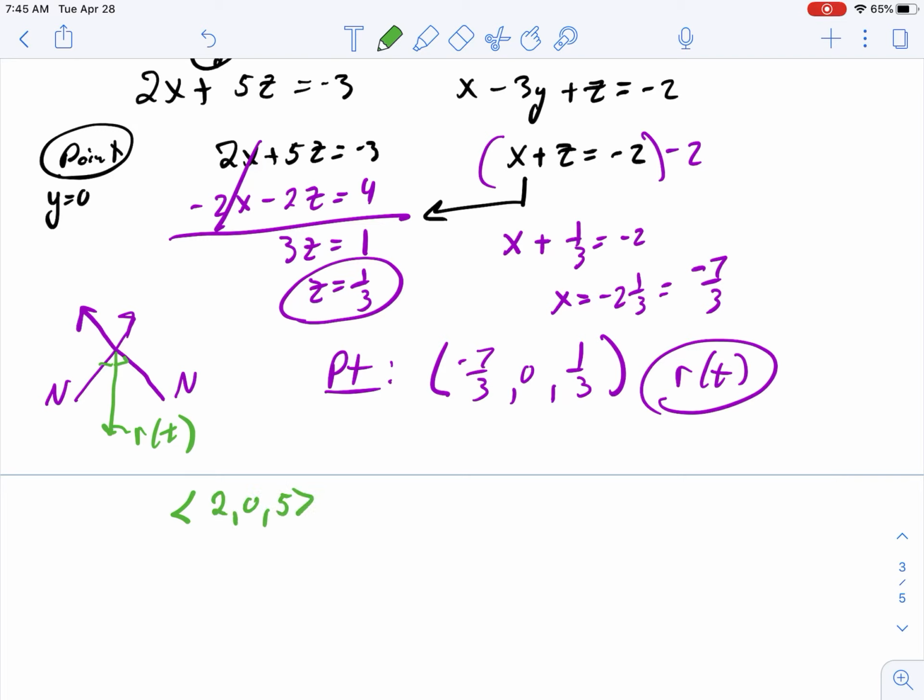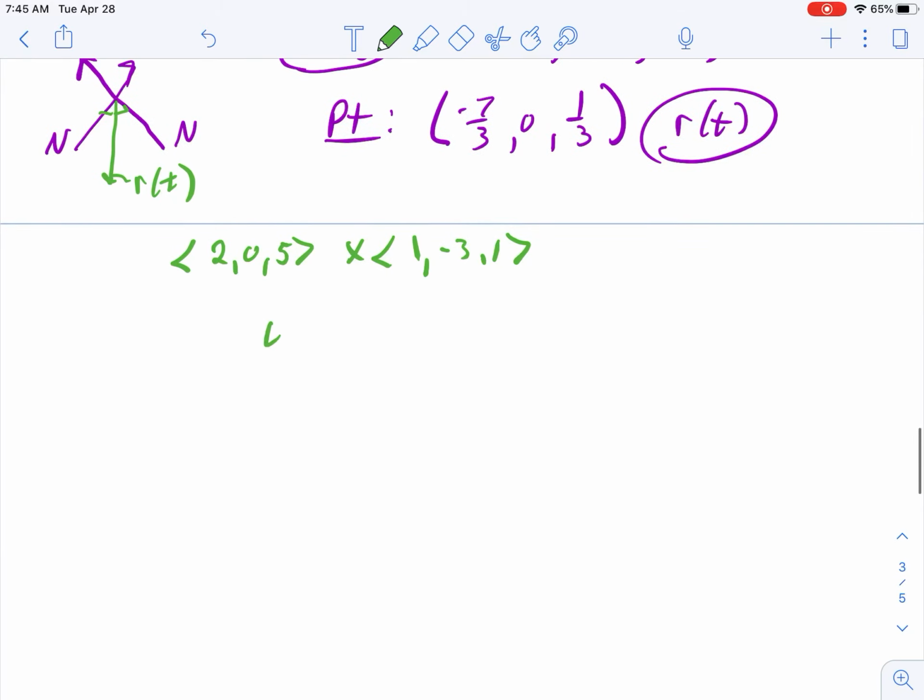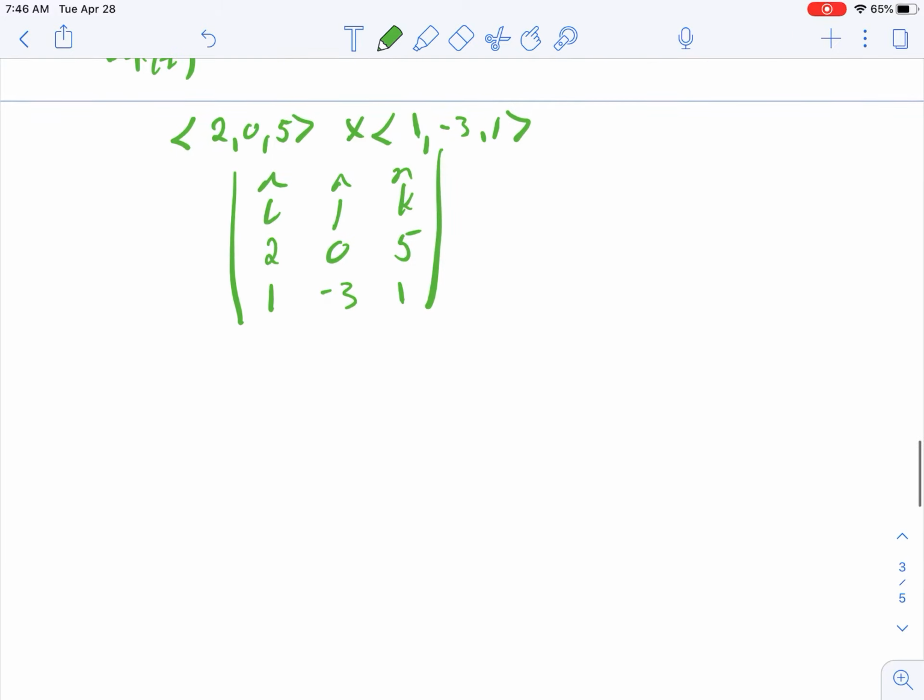So therefore, if I have the slope of my first be 2, 0, 5, cross it with 1, negative 3, 1. Okay, moving up here. So i hat, j hat, k hat. So we have 2, 0, 5, 1, negative 3, 1. So my i hat would be 0 plus 15.